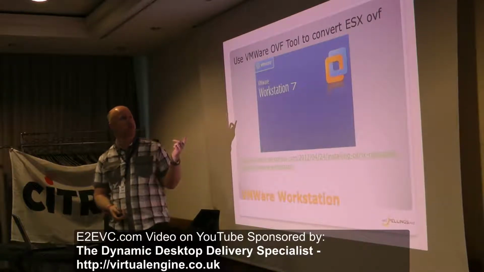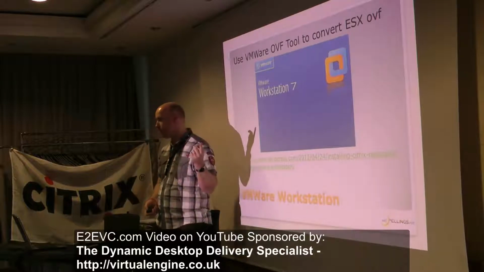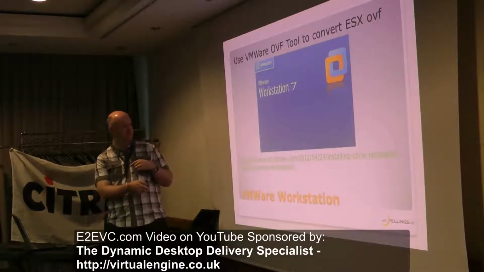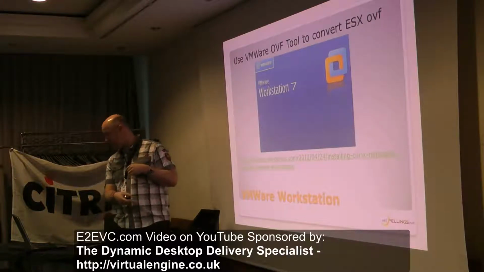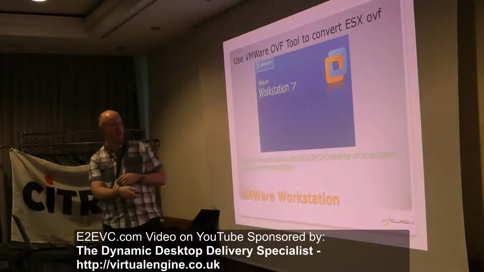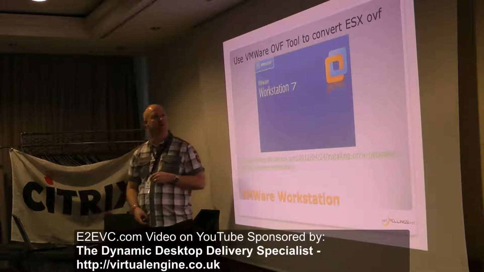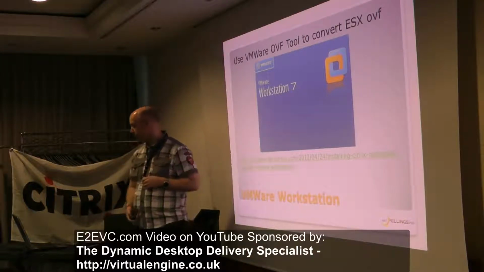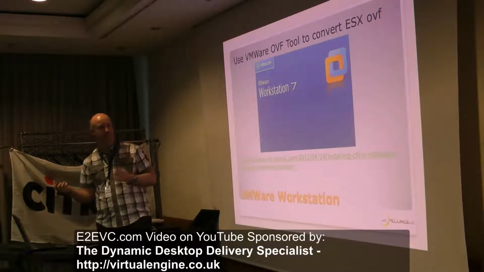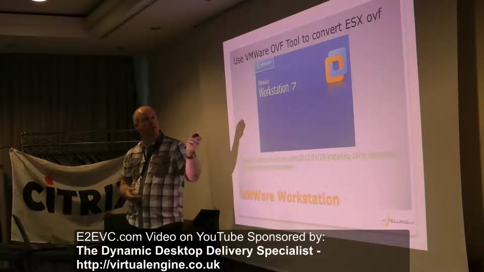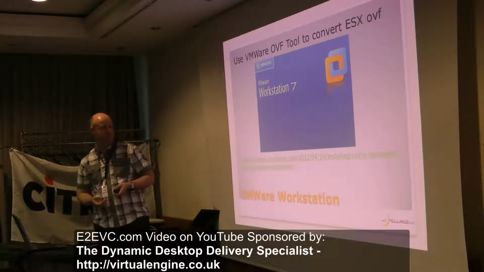It doesn't import out of the box onto VMware Workstation, but you can get it to run. Henry has a nice blog article on how to get it working on VMware Workstation. For some reason the OVF file isn't compatible with VMware Workstation, so you need to run a little tool called OVF Converter.